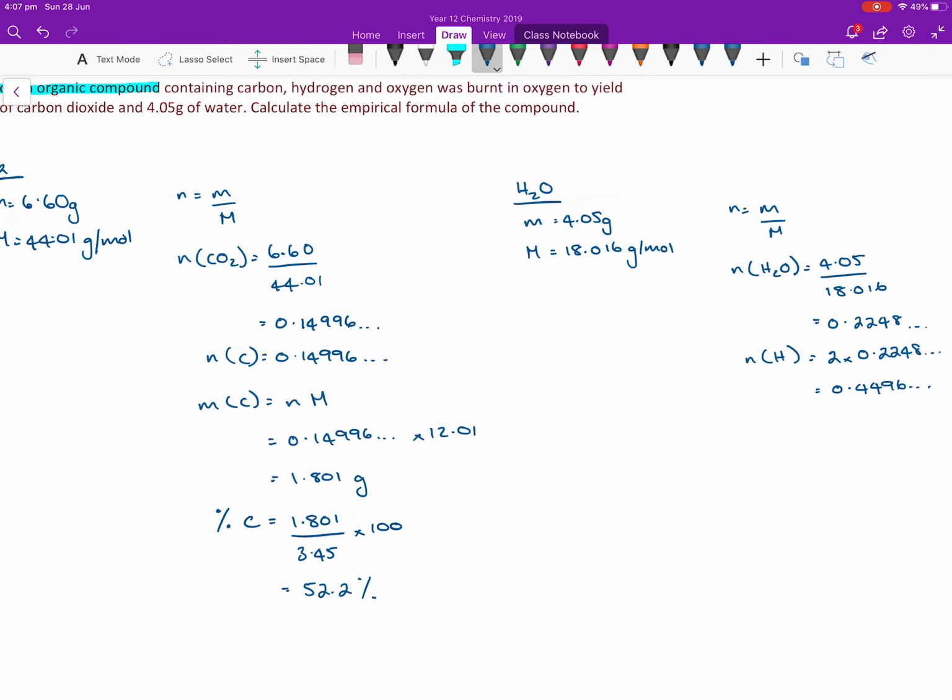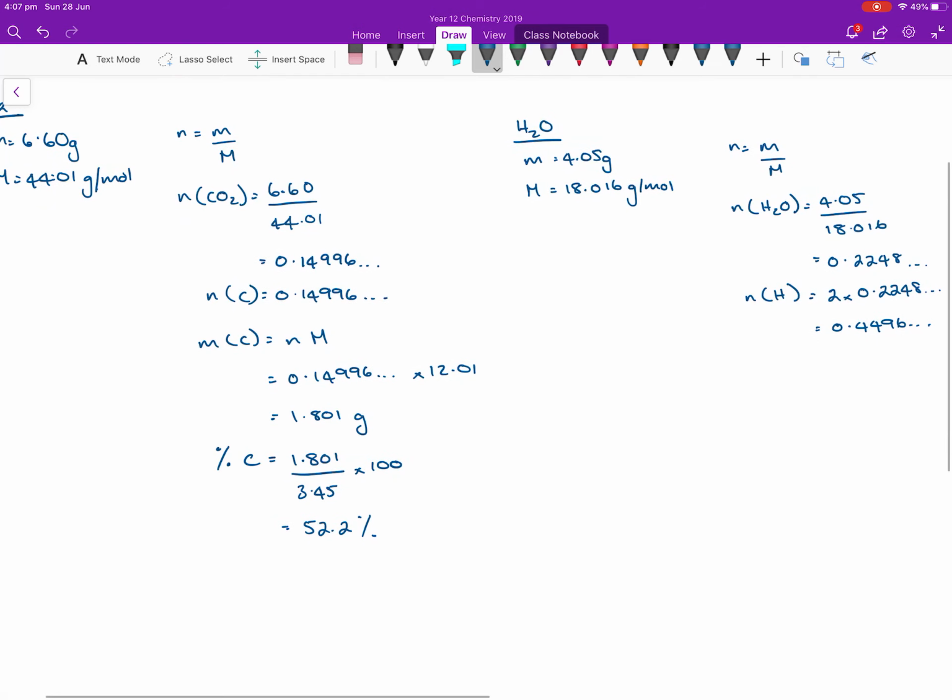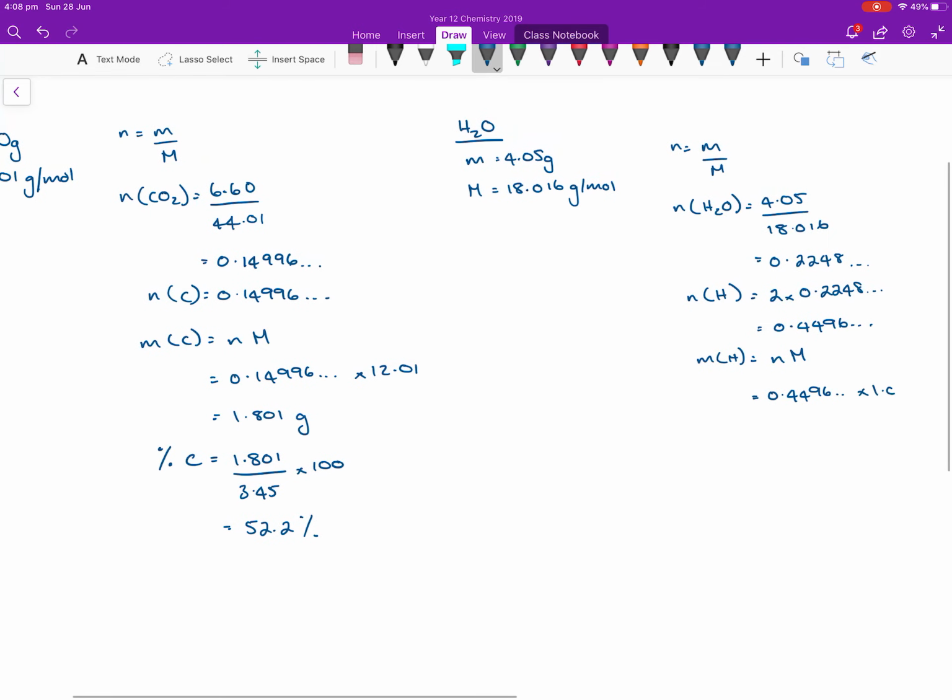Remembering that we need percentage by mass, we now need the mass of hydrogen. So mass of hydrogen is moles times molar mass, 0.4496 times 1.008. And even though it is close to 1, it's still worth actually calculating it because it can affect your ratio down the track.